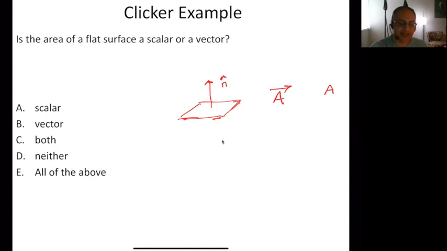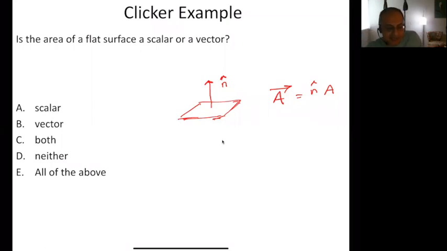Then the full vector area becomes A n hat, times A. That clear to all of you? So that is the area vector. The direction of a flat surface area is the direction of the normal to that area. So if this is the flat surface, the direction of the area vector is this normal.